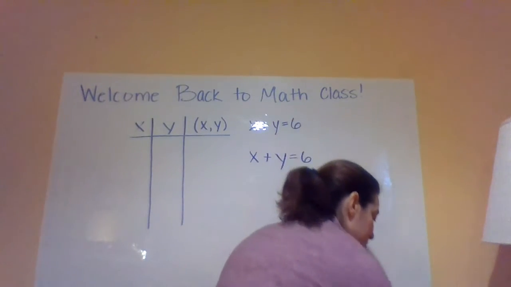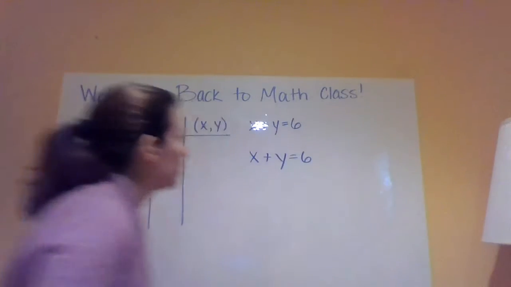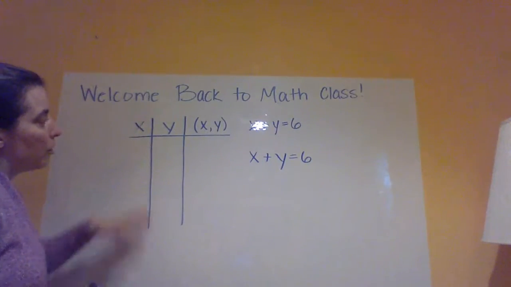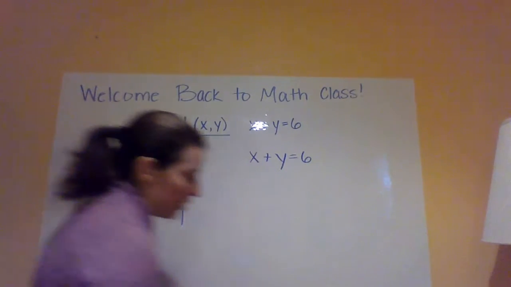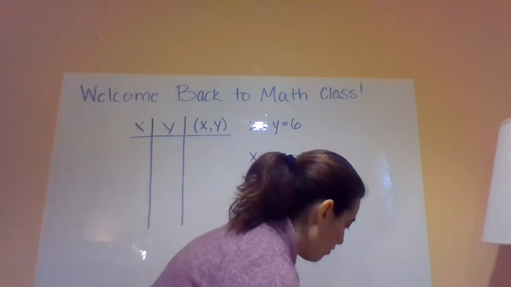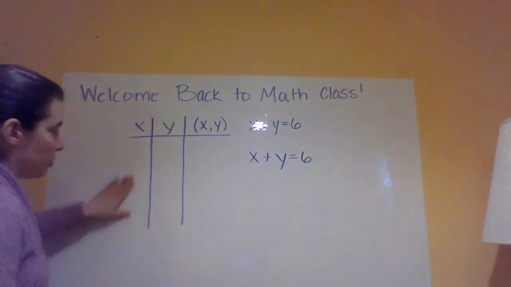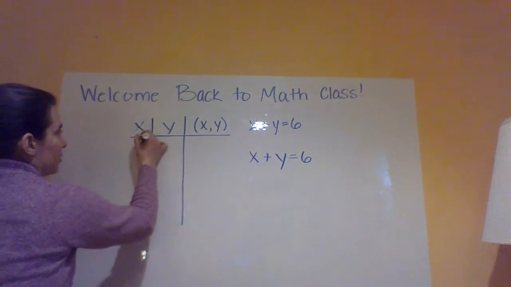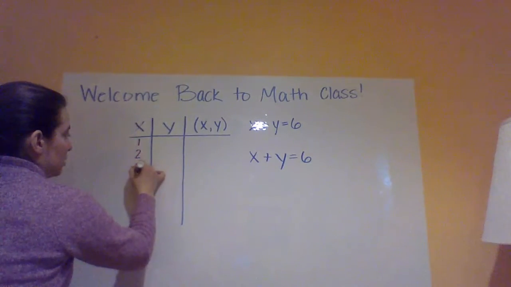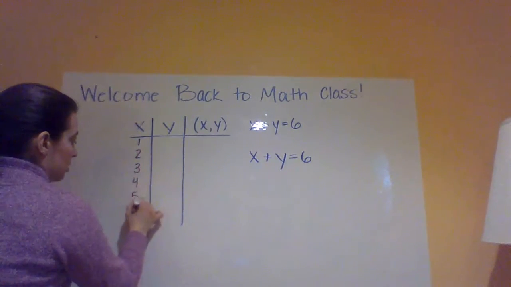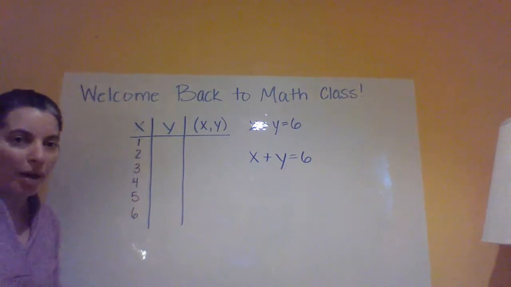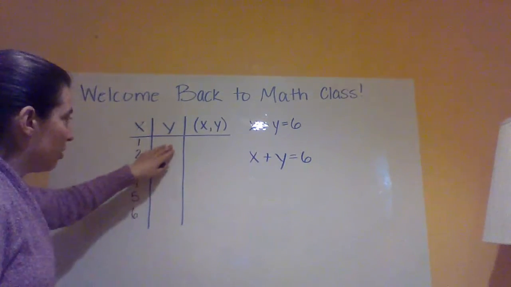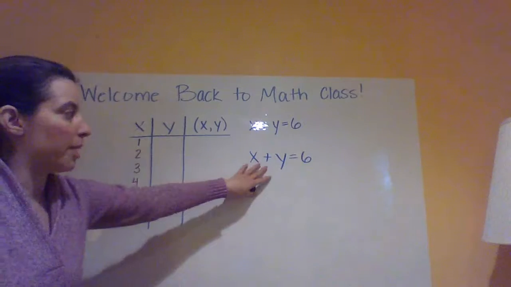Okay, so what we want to do is, if you notice on the notes, I have filled in values of x here from 1 to 6. We want to fill in the y value that goes along with each x that makes this true.